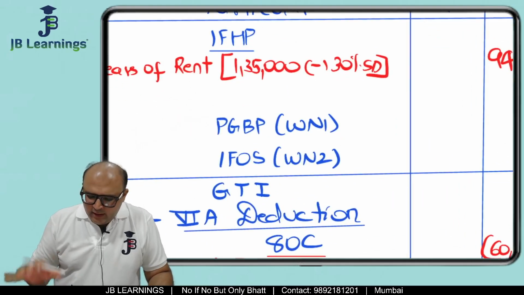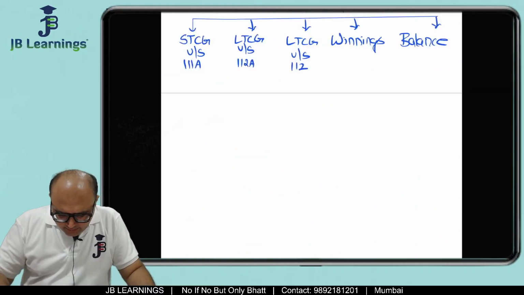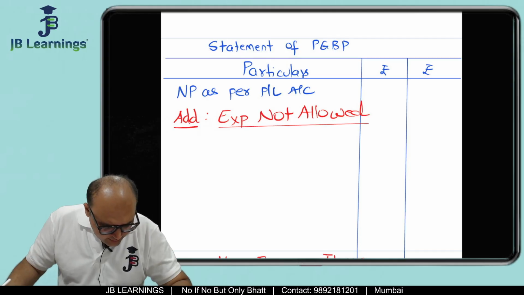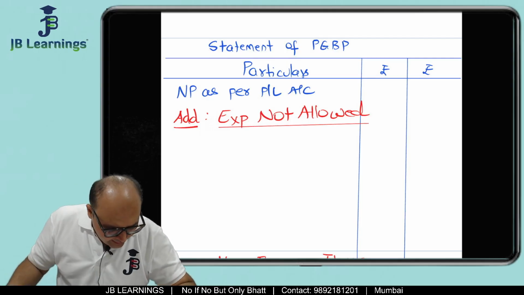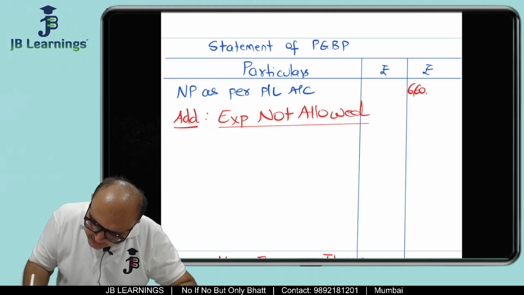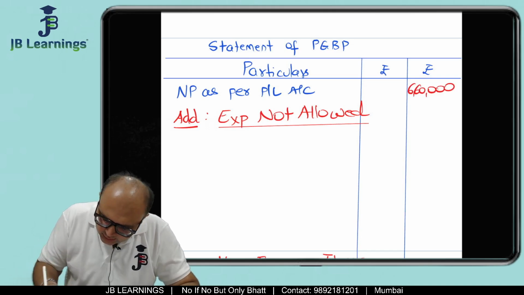All right, now PGBP and EFOS. So now we can start with PGBP. So in PGBP, net profit is given in the question. So whenever net profit is given in the question, you always solve the sum as per the indirect method, correct? So the net profit which is given in the question is 6,60,000. Then expenses not allowed.